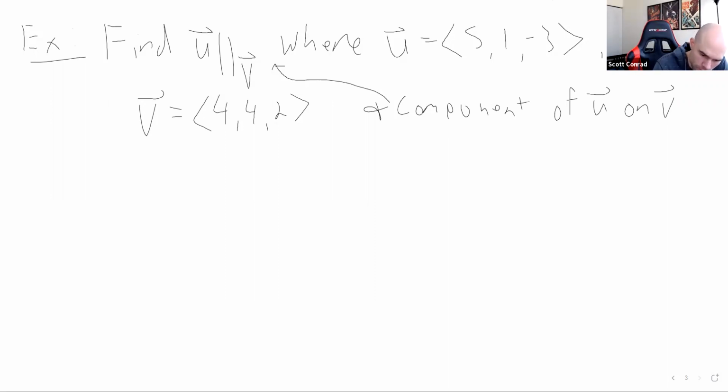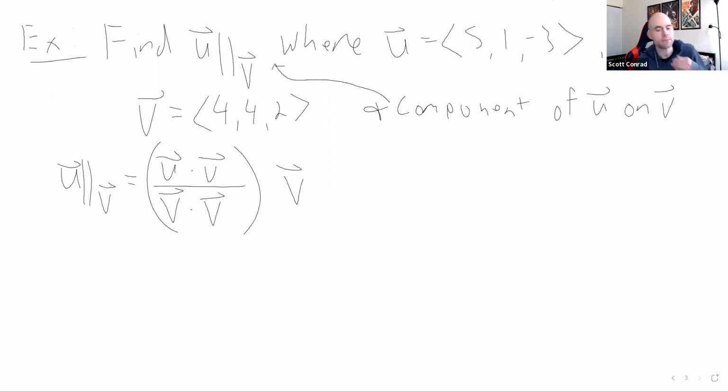Okay. So remember, the projection of u onto v is u dot v over v dot v, so that's a scalar, times a vector v. So u dot v, we take the dot product, we multiply the corresponding components together and add them up.